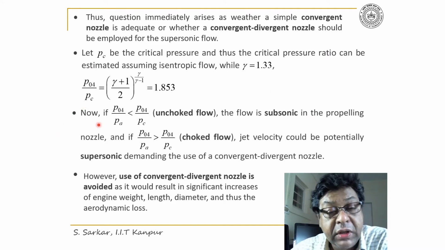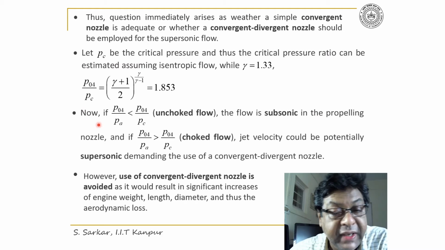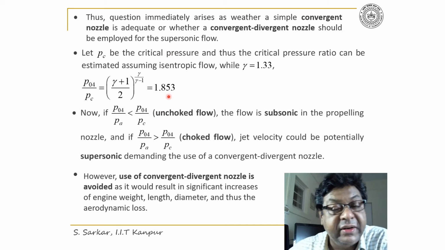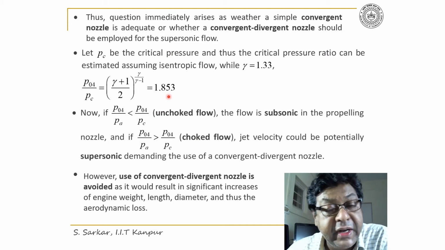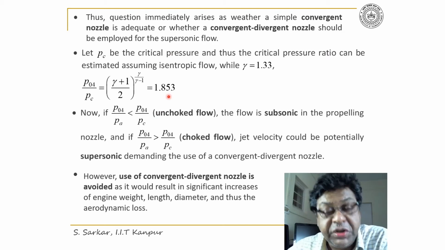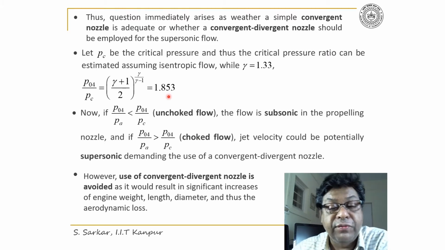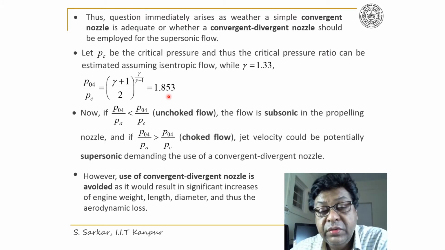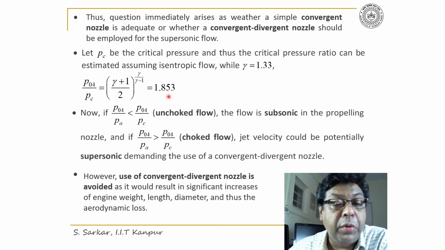Now if P04 by Pa is less than P04 by Pc, that means if atmospheric pressure is greater than critical pressure, which is the condition for unchoked flow, then the flow is subsonic in the propelling nozzle.